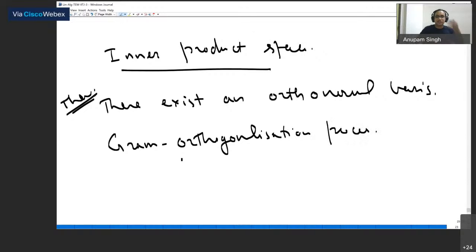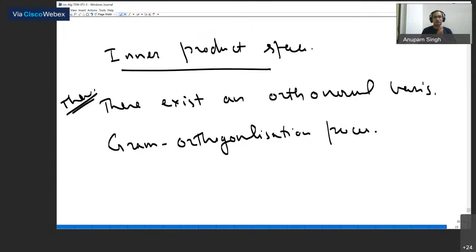What does this process do? You can begin with any basis, and this process will convert that basis to an orthonormal basis for an inner product space. That means an orthonormal basis always exists because there is always a basis, and that basis can be converted to an orthonormal basis by using this process.